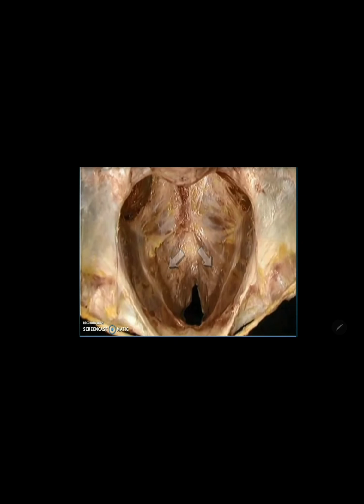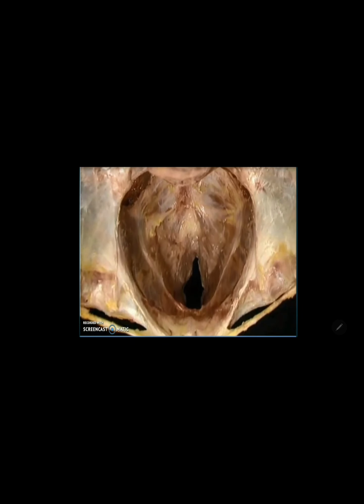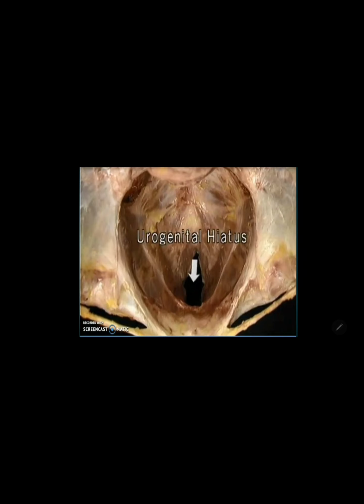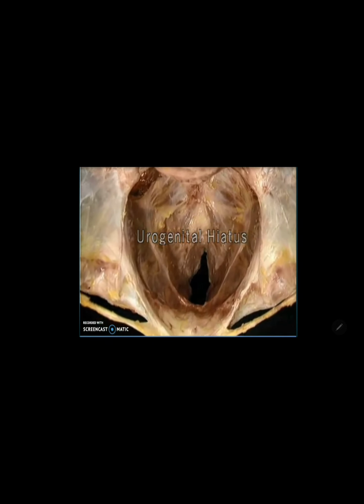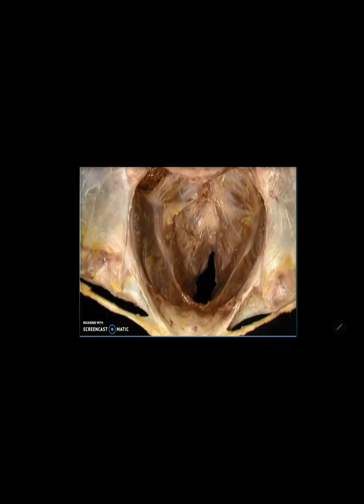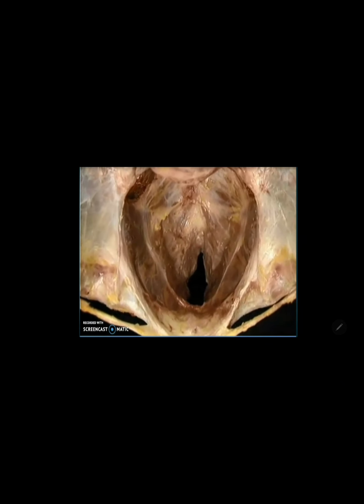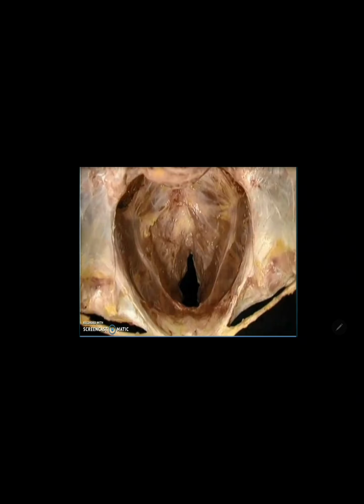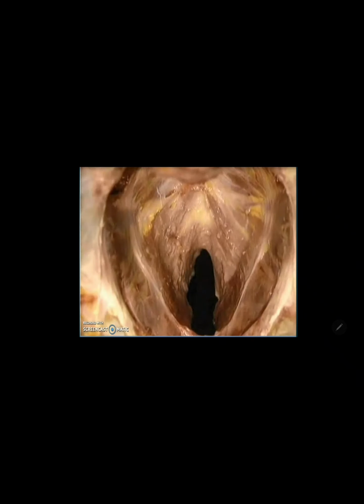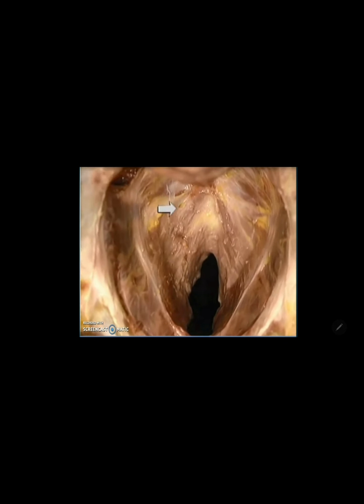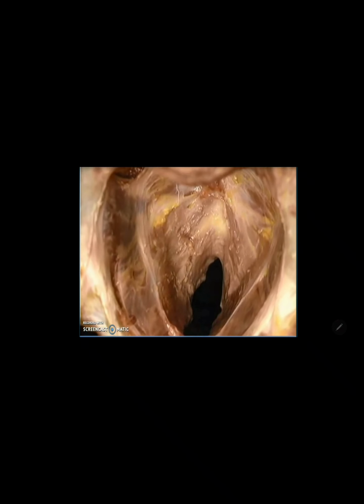So these are levator muscles, and that is urogenital hiatus. The pelvic diaphragm surrounds them, maintains them in position, in standing position whenever they are in action, and the entire pelvic diaphragm is covered by the pelvic fascia.